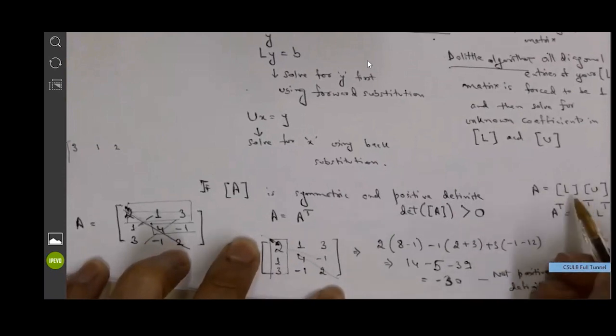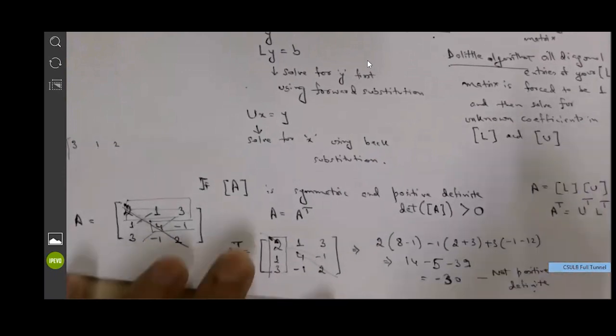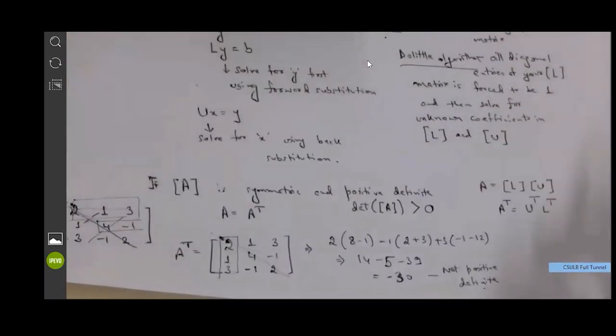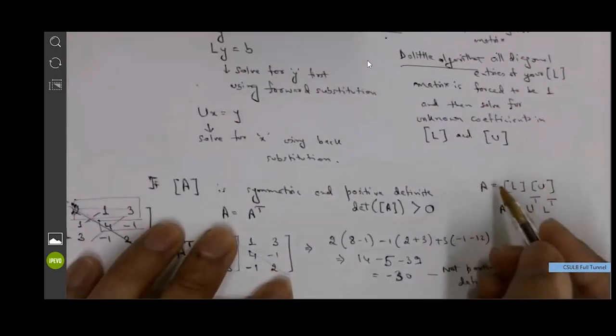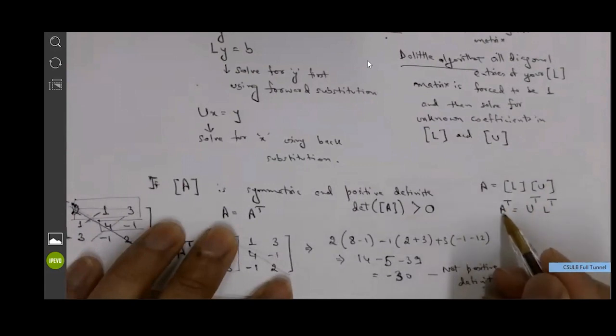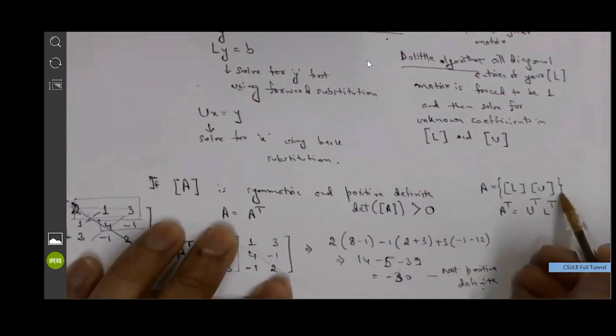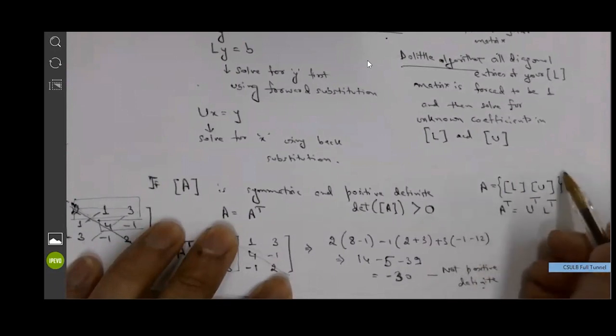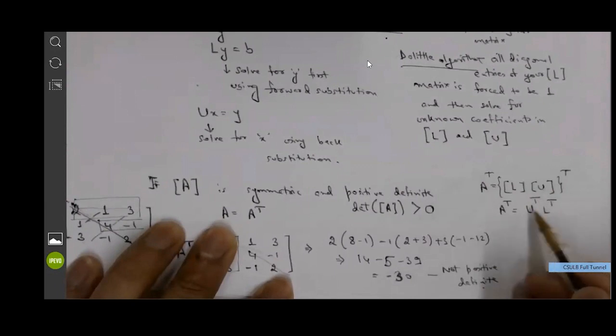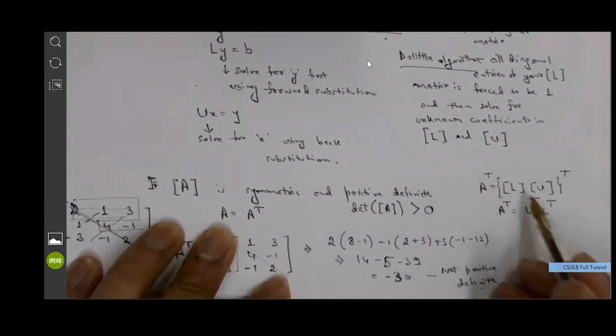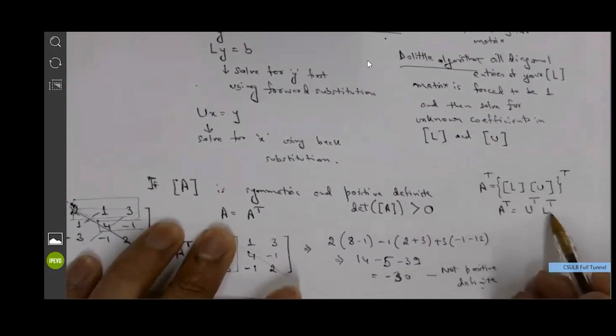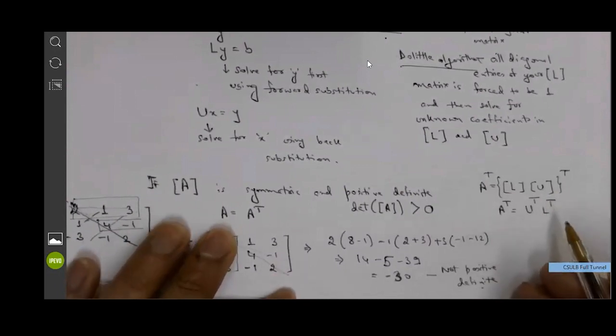When you take the transpose of a product of matrices, the order changes. The transpose of A becomes A transpose, but if you take the transpose of the multiplication of two matrices, the U matrix will come first with the transpose sign, and the L matrix will come last with the transpose sign. Is it okay?